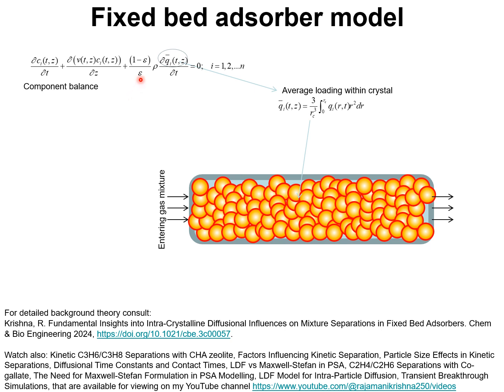V is the interstitial gas velocity. Z is the distance coordinate along the fixed bed. Epsilon is the bed voidage. T is the time. Q with a super bar is the average component loading at position z and at time t. This is the integral average of the component loadings within each particle at any position z and at any time t.